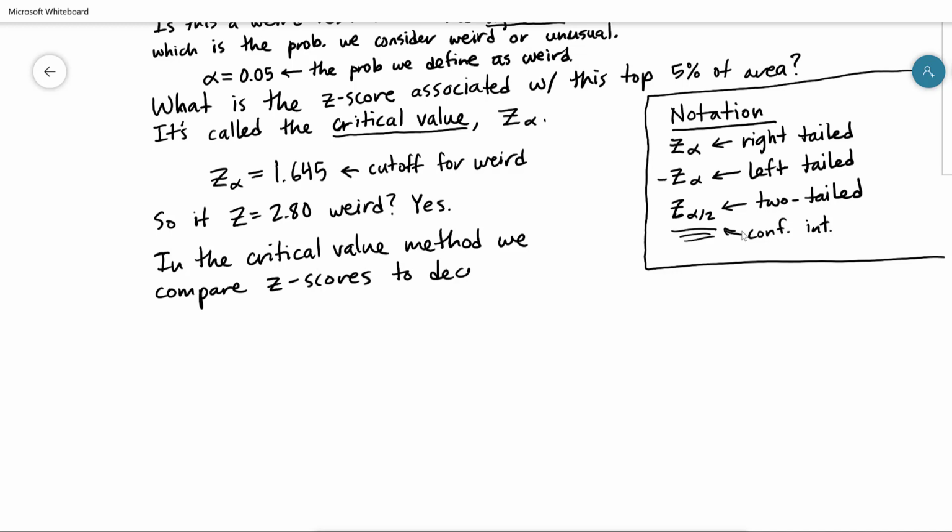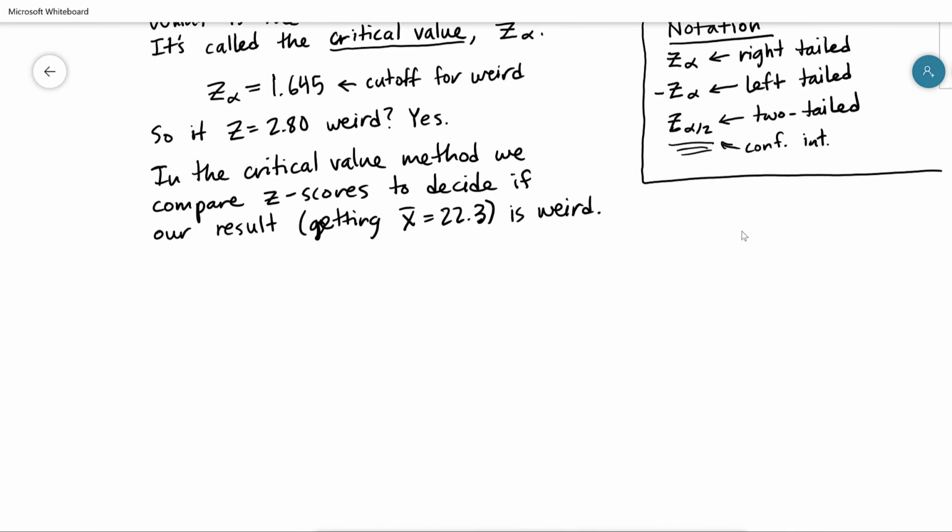To decide if our result, which in this case was getting an x-bar value equal to 22.3, is weird, under the assumption that the true average should only be 20.8. And in this case we said yes.